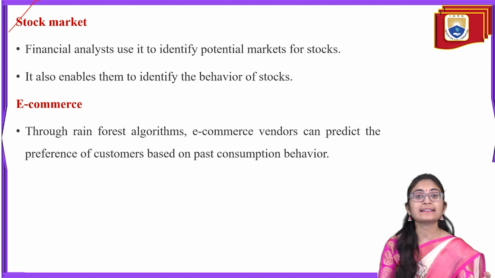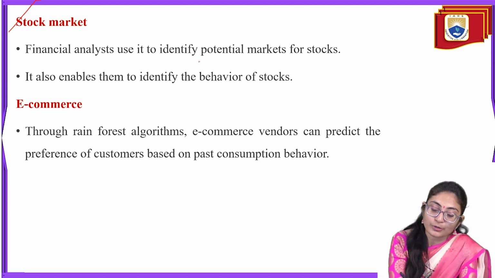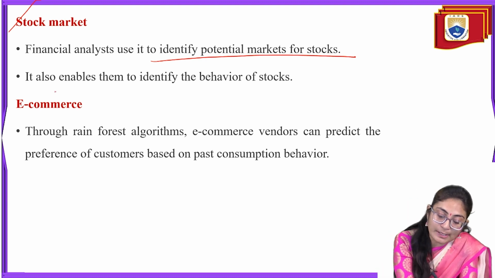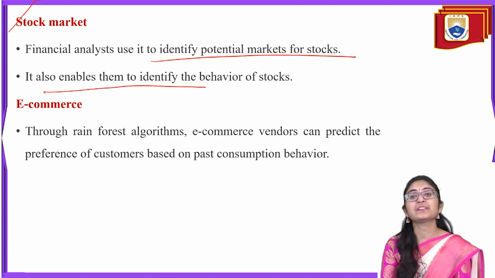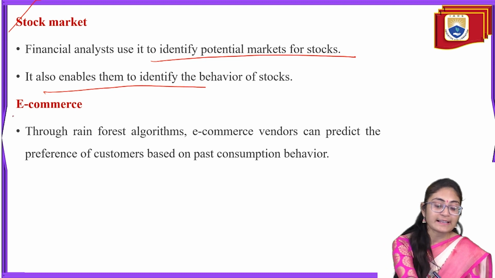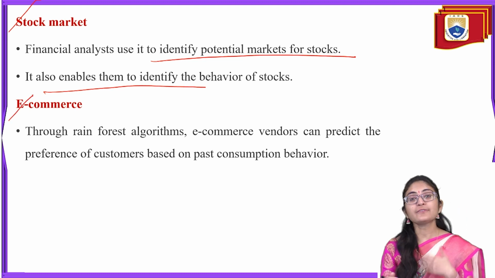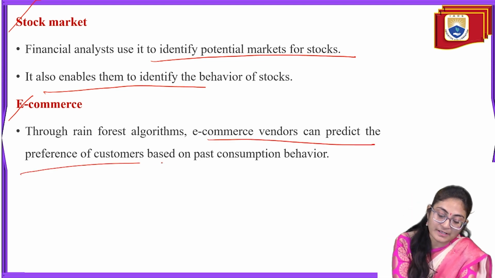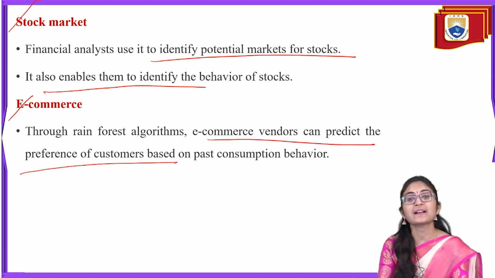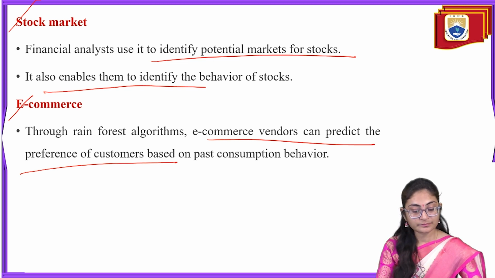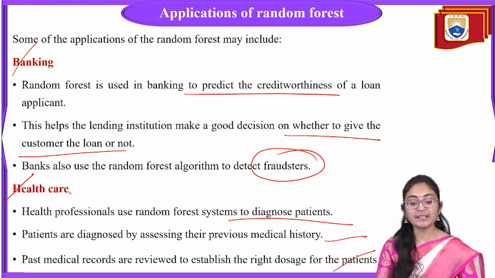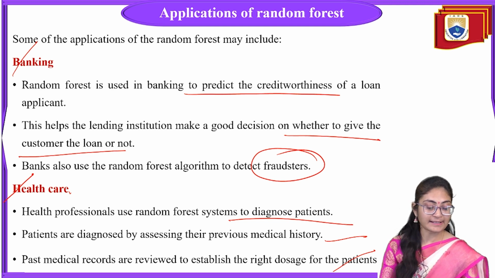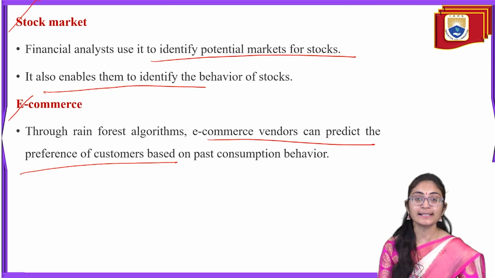Financial analysts use it for identifying potential markets for stocks, and it also enables them to identify the behavior of the stock. Next one is e-commerce. Through the random forest algorithm, e-commerce vendors can predict the preference of the customer based on past consumption behavior. These are the main applications of random forest: banking, healthcare, stock market, and e-commerce.